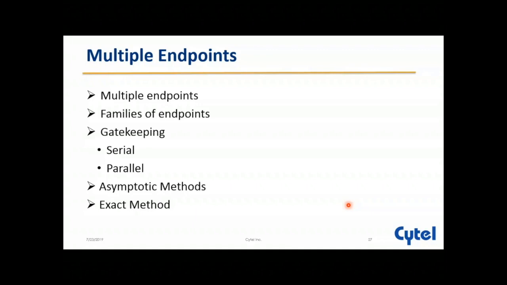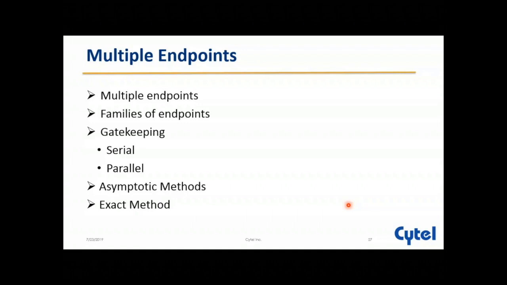So the primary endpoints which are of interest, we call the first family, or family of primary endpoints. Then you can have secondary endpoints and tertiary endpoints like that. So when there are multiple endpoints, generally they are divided into families of endpoints.